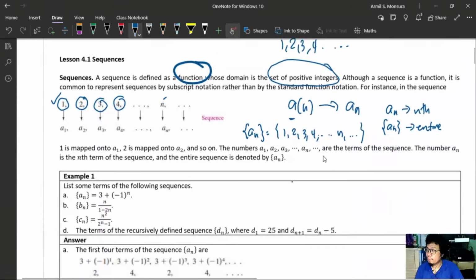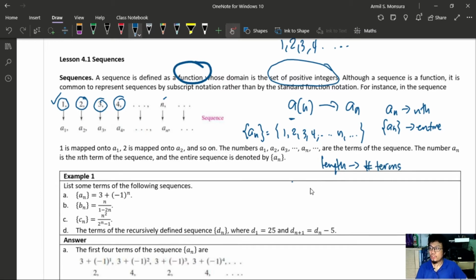I would also like to emphasize this: an infinite length sequence. Length denotes the number of terms in a sequence.